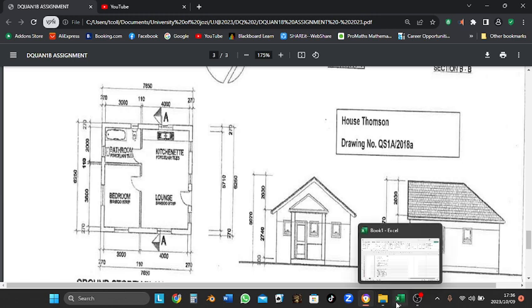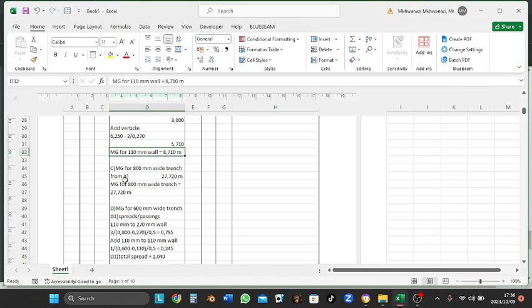That's why we just took the center line that we got for the 270 millimeters wall from A, and we say the mean gate for the 800 millimeters wide trench is 27.720 meters.